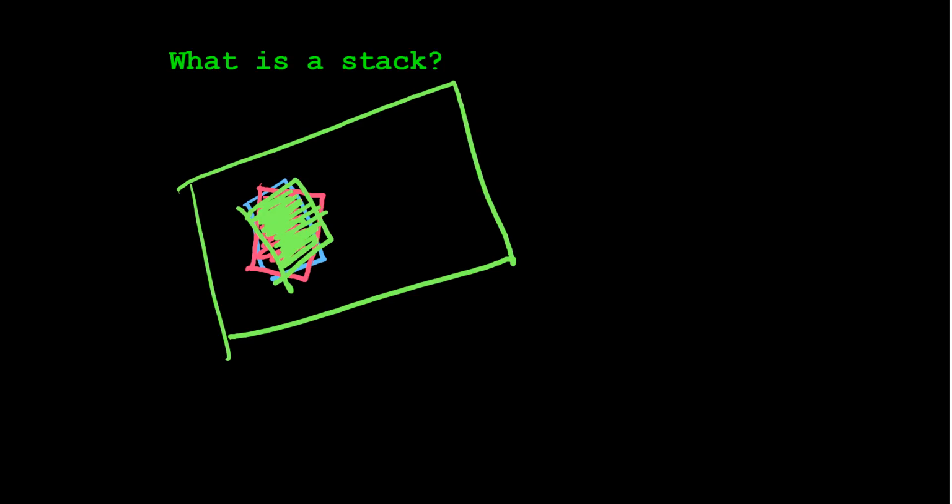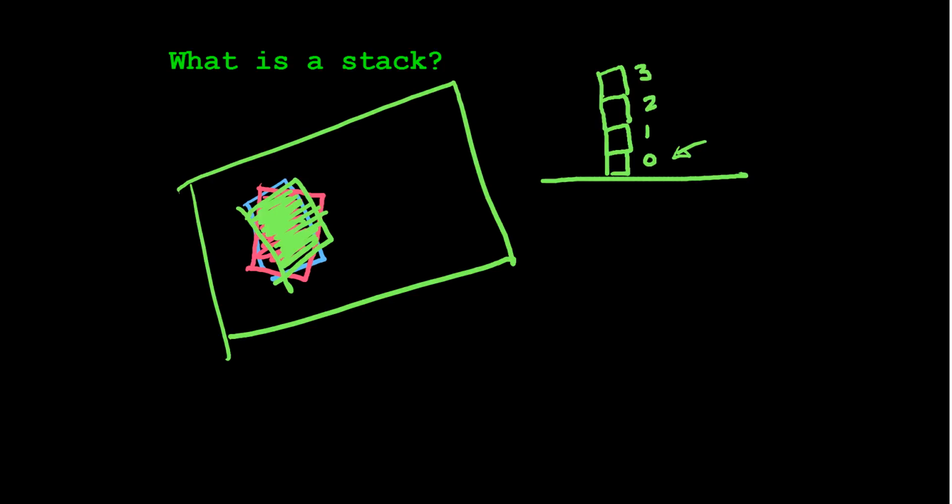So the idea behind a stack is that we're going to be taking objects and putting them in a particular position. We'll be adding objects, but once we add an object, the object below it won't be as accessible. So we can put objects onto a stack.